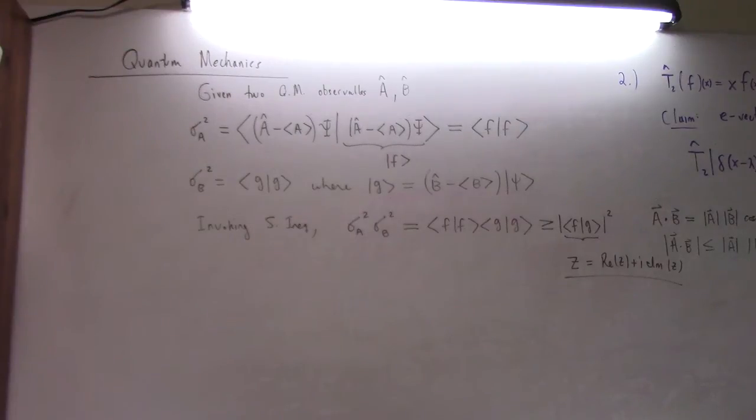And then the imaginary part, though, we have a formula for. Like Z plus Z star is 2 times the real part, and Z minus Z star is 2i times the imaginary part of Z. These are easy to derive.